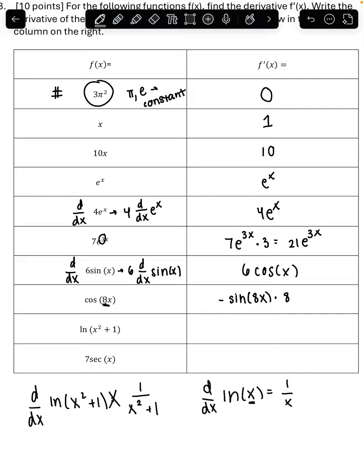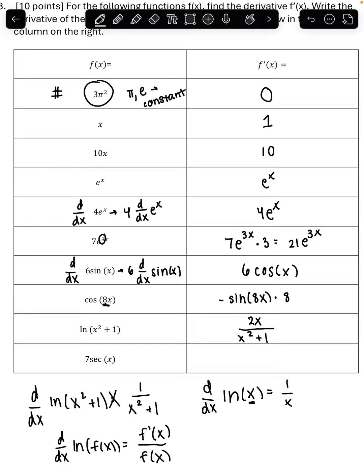So anytime we take the derivative of natural log of a function, its derivative will be the derivative of that inside divided by the original inside. So we should get 2x over x squared plus 1. Okay? No ln shows up in the derivative.